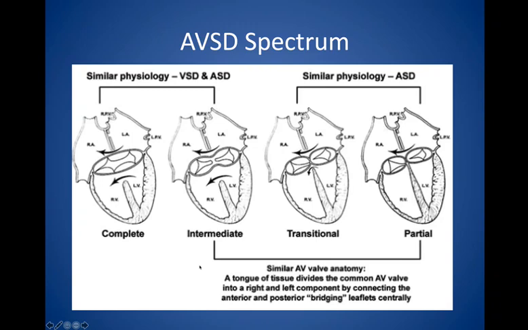And then intermediate, you have the inlet VSD and you have the septum primum defect. The key thing is that you have one annulus, but a lot of tissue that divides that common AV valve into a right and left component. So you have two orifices, but one annulus.